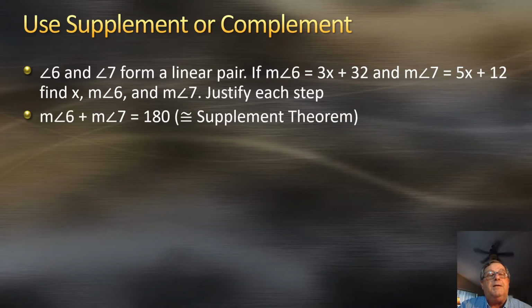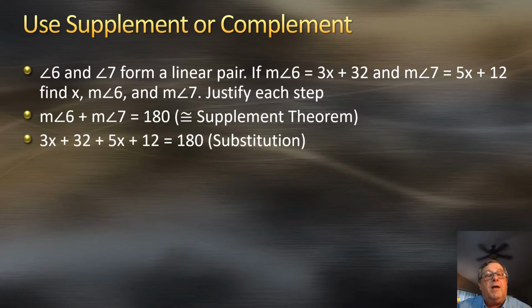All right, so we can say that the measure of angle 6 plus the measure of angle 7 equals 180. That's based upon the supplement theorem. Our reason, our justification, is in parentheses. Then we can say that 3x plus 32 plus 5x plus 12 equals 180.